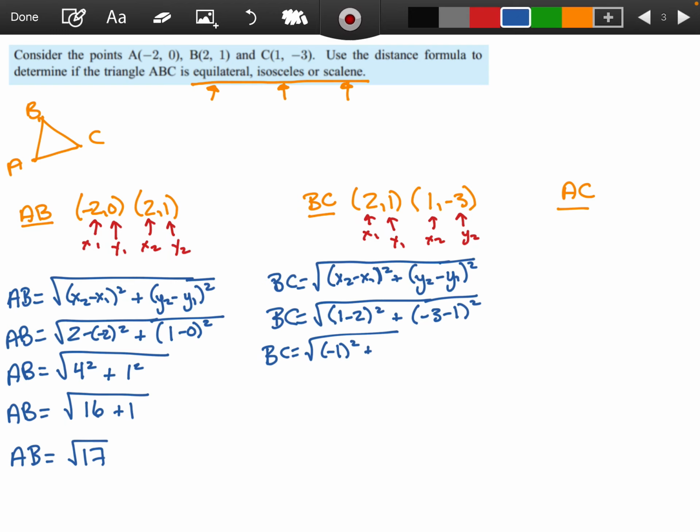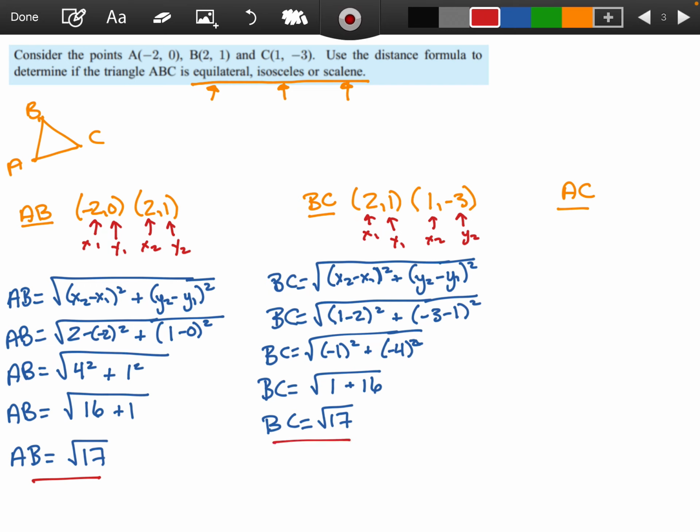And then I have negative 3 minus 1, so negative 4 squared. So BC equals negative 1 squared is 1, negative 4 squared is 16. So BC is equal to root 16. So all of a sudden, right off the bat, I see that AB and BC are the same. So this is at least isosceles. So now we have to do AC to see if it's isosceles or if it's equilateral.